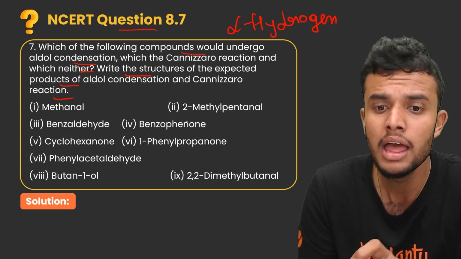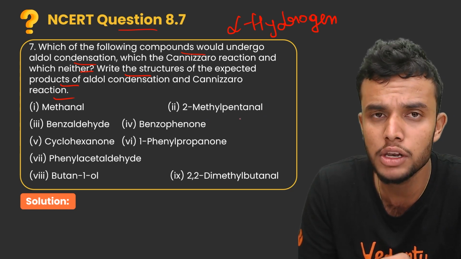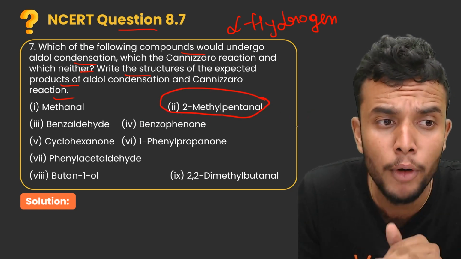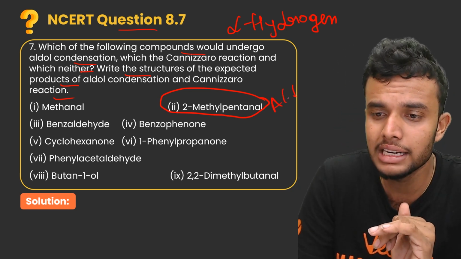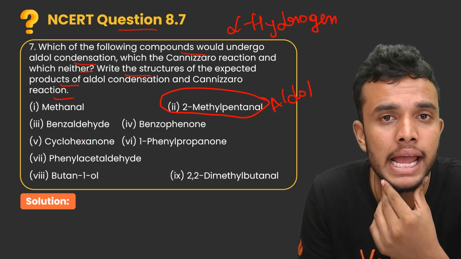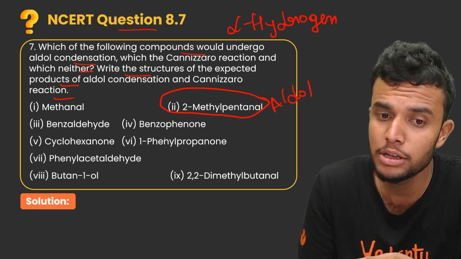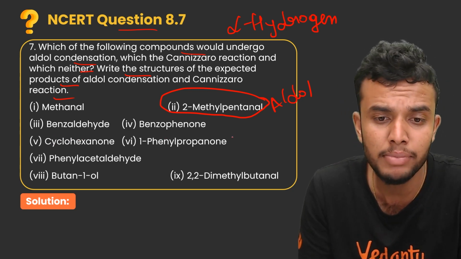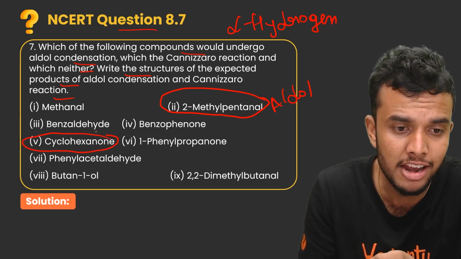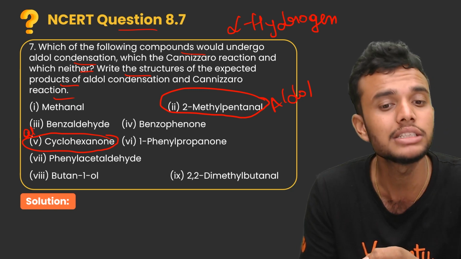No. In 2-methyl pentanal, alpha hydrogen is there, hence this compound undergoes aldol condensation. Third, benzaldehyde: no. Benzophenone: also not there. Cyclohexanone: aldol condensation takes place.